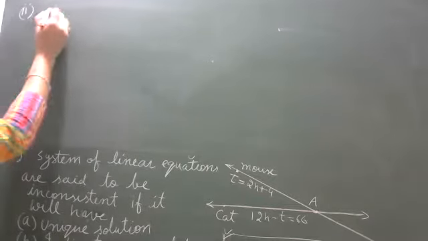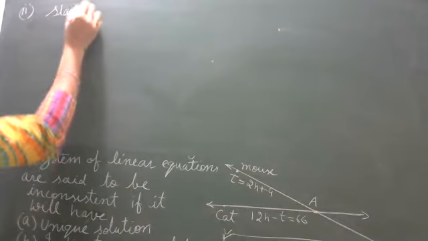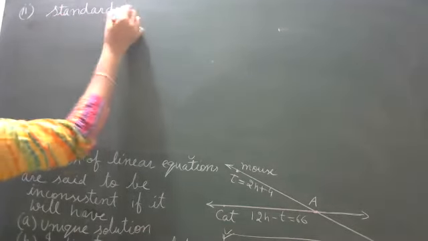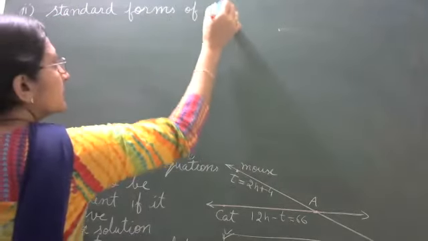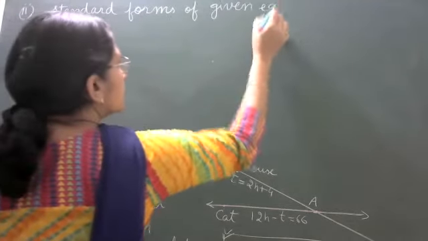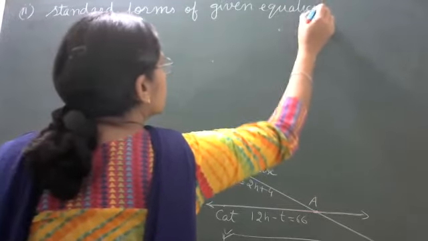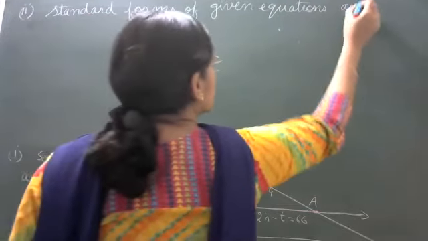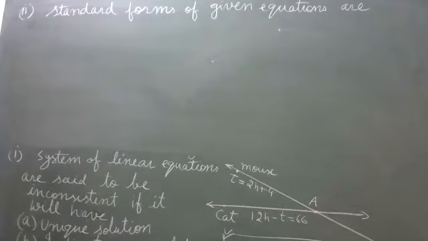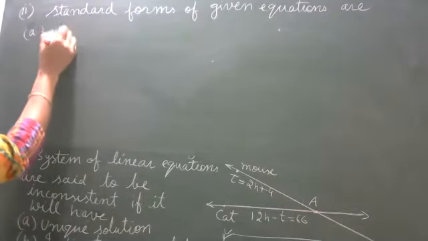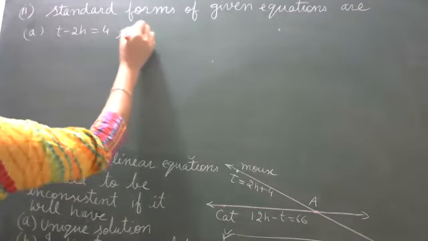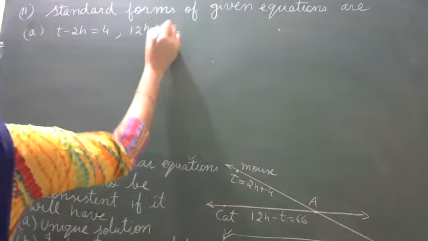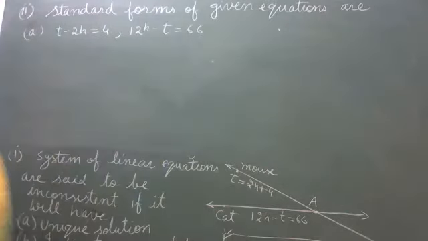Standard form of given equations are: first one, A option, t minus 2h is equal to 4 and 12h minus t is equal to 66.